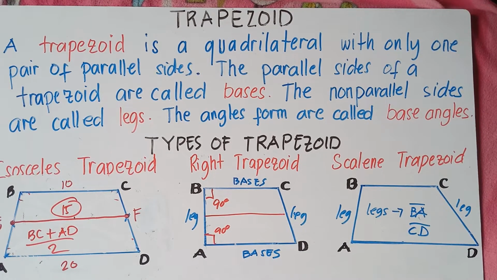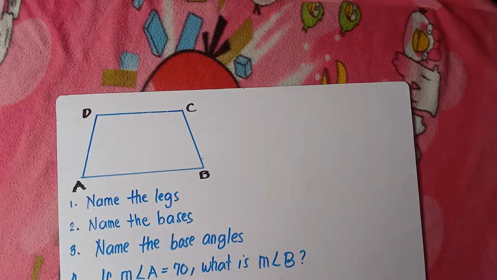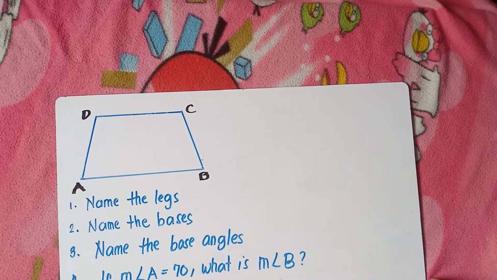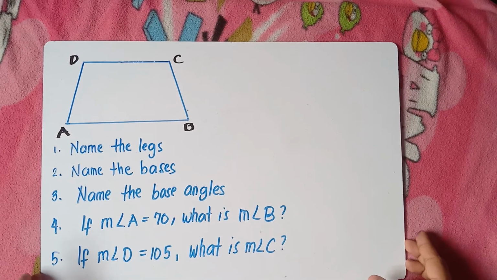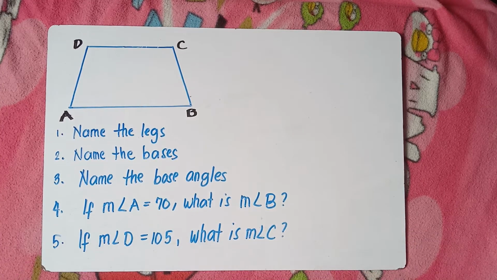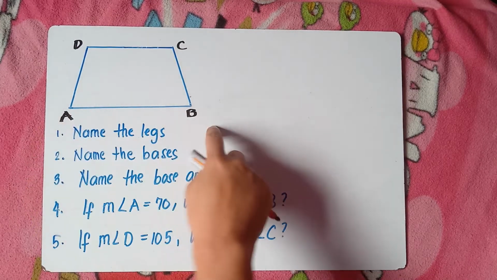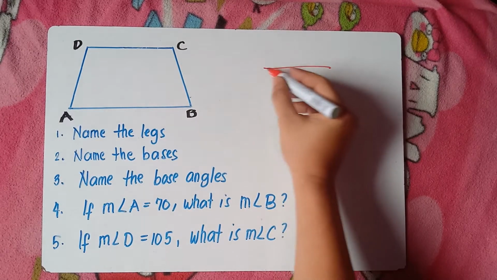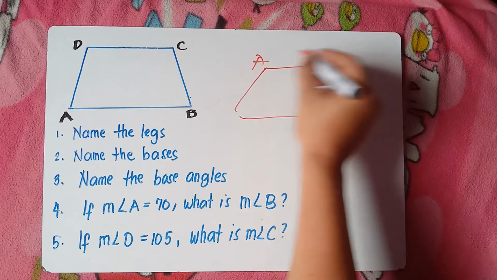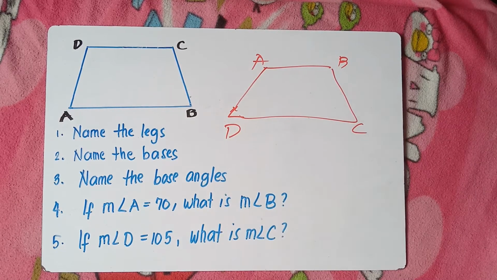So let's try to answer trapezoid. We have an example right here to further understand this one. Example number 1. We have trapezoid ABCD. Once again, class, do not be worried about naming the trapezoid. You can write ABCD or another order, it depends on you, as long as it is consecutive.